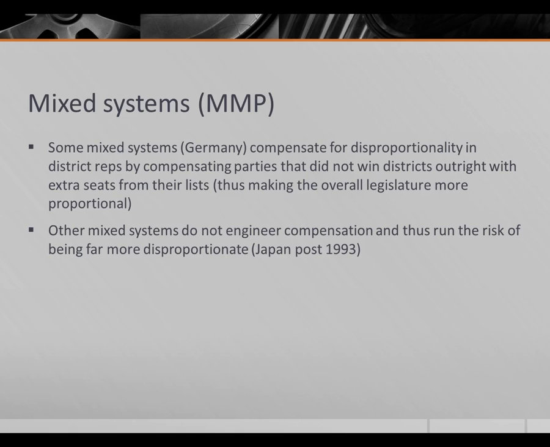But there are other mixed systems that don't compensate, and these systems are much more disproportionate, like Japan, where you can get very disproportionate results in an MMP system. So the degree to which MMP systems are proportional or disproportional depends on whether they do this balancing or not.